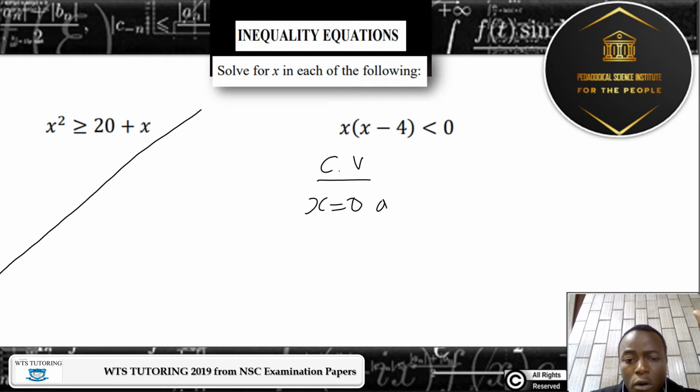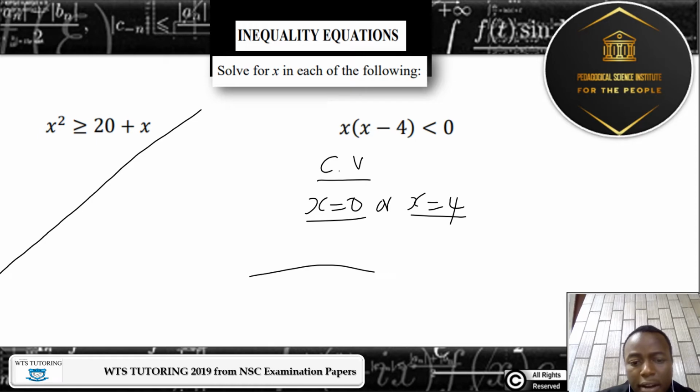Then we use the zero factor rule. X will be 0 or x will be equal to 4. So those are your critical values. They are not the final answer, right? So let's go and look for the final answer. Let me just draw this line properly. So we go where there is 0 and where there is 4 on our number line.